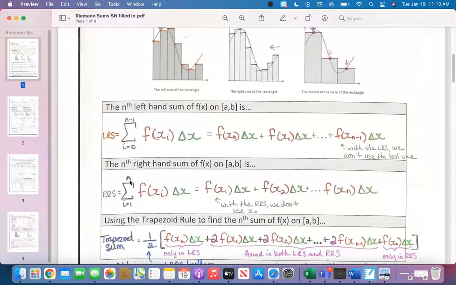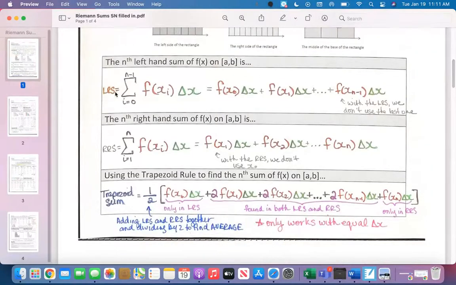So we go straight to our last endpoint, because we know that last endpoint will be the right-hand endpoint of our last rectangle. So same formula here. This time our heights start at f at x1 delta x plus f at x2 delta x, all the way to that right endpoint, f at x n times delta x. And then we add up all those areas of our rectangles to figure out an estimate for our total area.